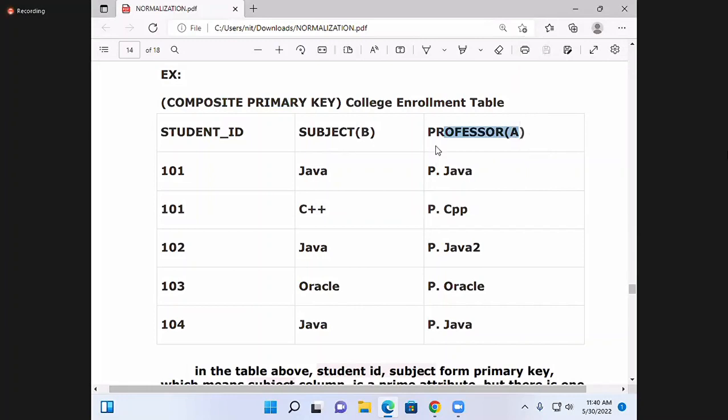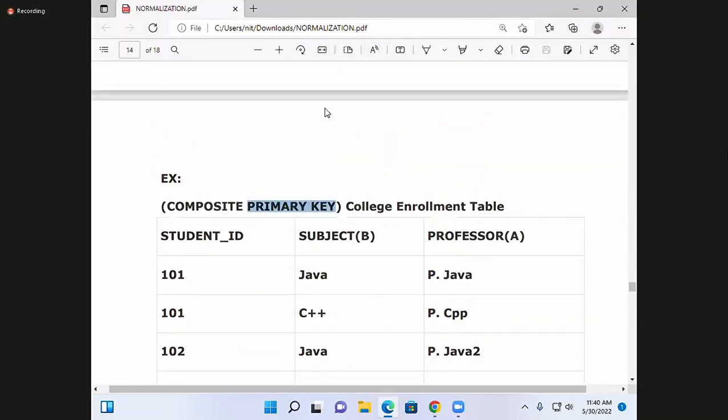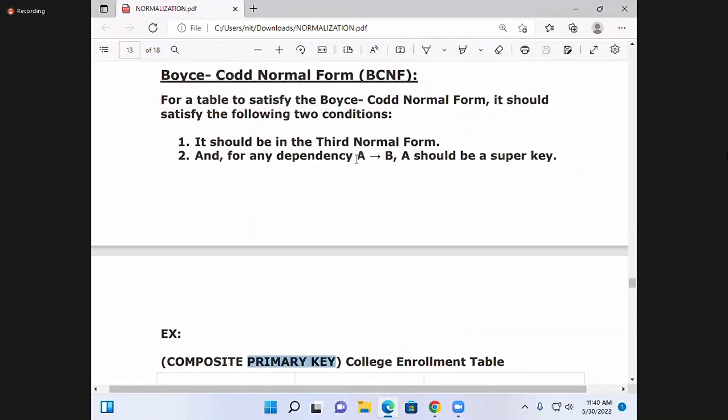So what happened here? Professor is a non-primary key column, and it depends on subject, which is a primary key column. But under Boyce-Codd normal form, if A depends on B, then A should be a super key.